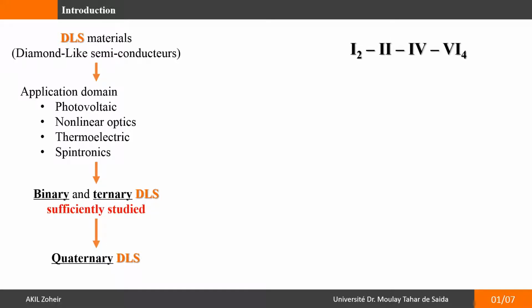A lot of research on quaternary compounds of type 1-2-2-4-6-4 has been reported, and recently the material Le2-BaSnSe4 has been synthesized.